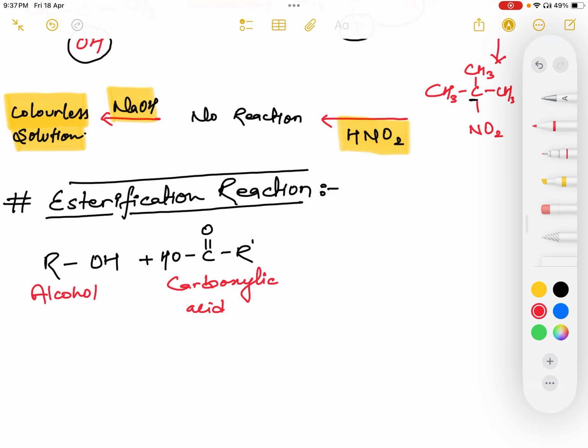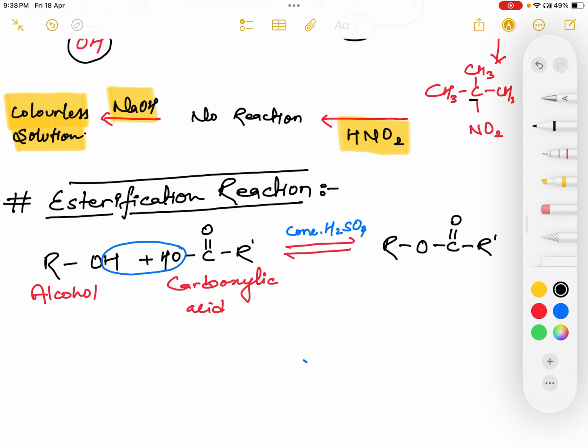And when they are being treated with one another in the presence of conc H2SO4, what will exactly happen is the H and OH group will come out, and there will be the formation of product, that is R O C double bond O R dash, that is what we call ester.